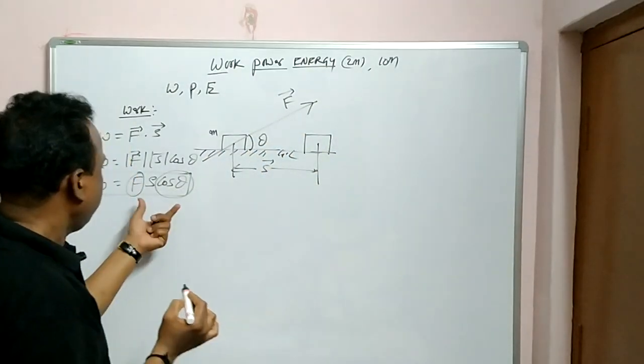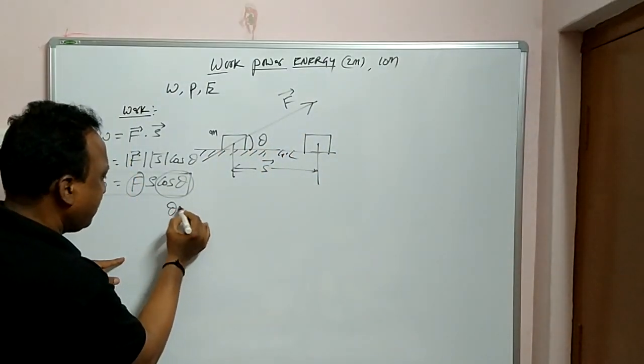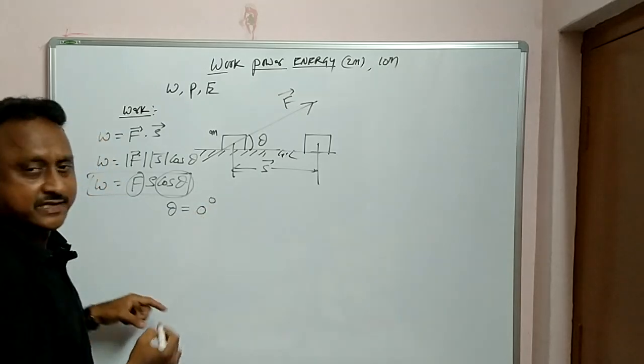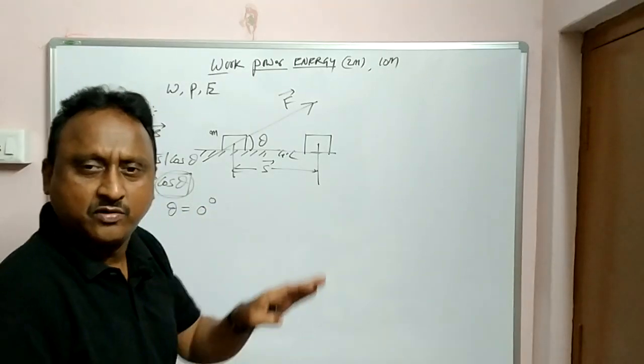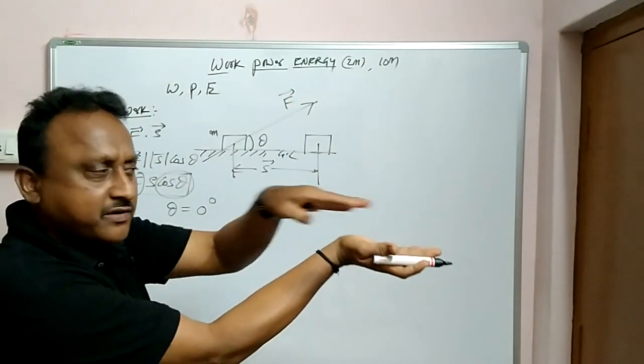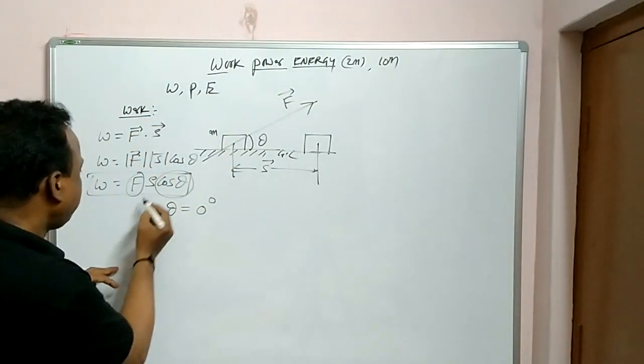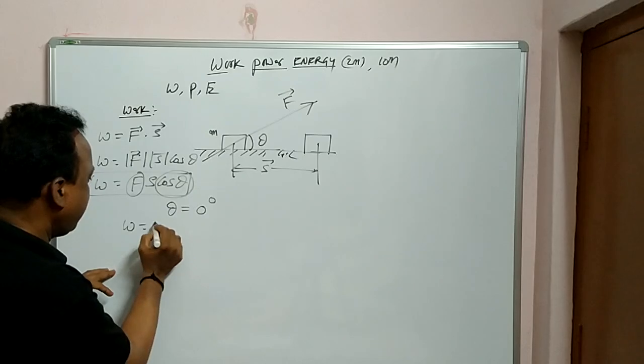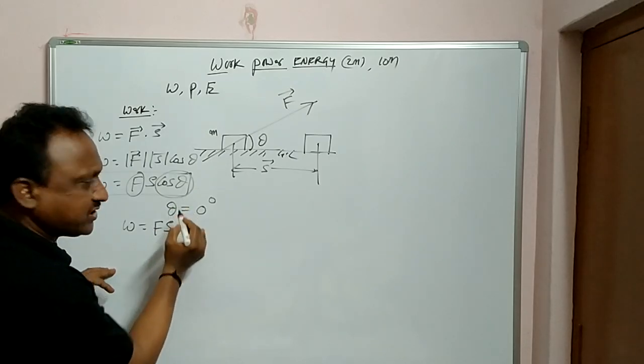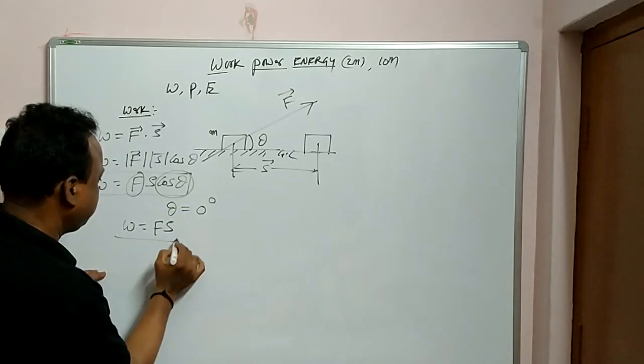Clear? Now here you can take, suppose theta is equal to 0 degrees. What happens? Force and displacement are in the same direction, that is, the angle theta is equal to 0. So when you apply this, the work done will become Fs cos 0, which is 1, therefore Fs.